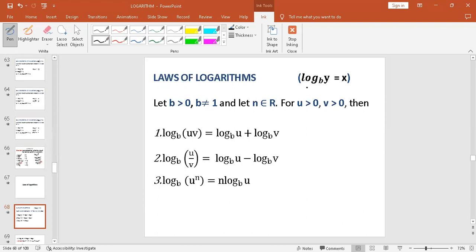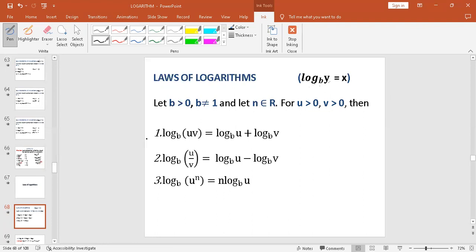Okay, again, this is the equation log of y to the base b equals x. Okay, so let b is greater than 0 but not equal to 1. And let n be any element of real number. So, real number lang tayo dito, class. So, wala tayong imaginary numbers dyan. And u is greater than 0 and v is greater than 0.